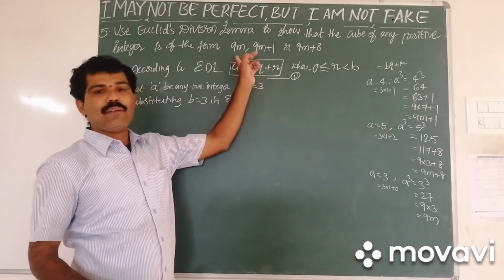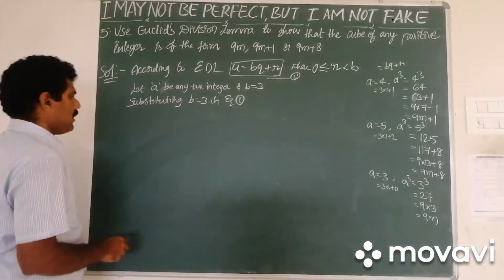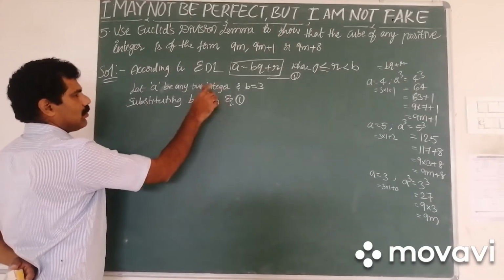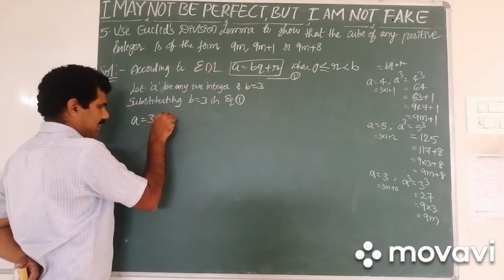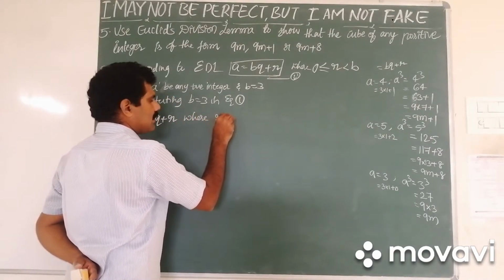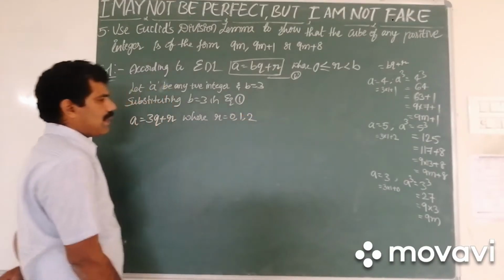To show it in the form of 9m or 9m plus 1 or 9m plus 8. Let us see here. First, if we substitute b is equal to 3 in the equation, then you will be getting a is equal to 3q plus r, where r is equal to either 0 or 1 or 2 but not 3.